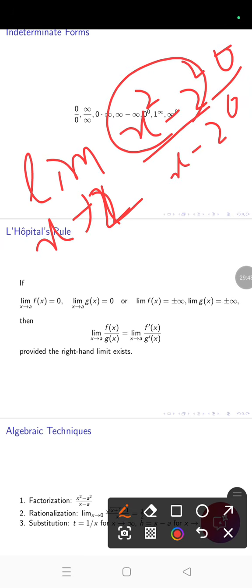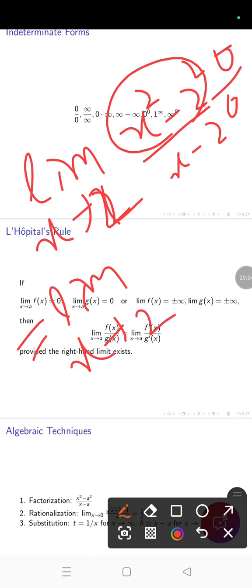So using L'Hospital rule, we can get the limit as x tends to 2, and differentiate the numerator and denominator separately. Differentiating the numerator, it will be 2x, and the derivative of the denominator will be equal to 1. Now come to the limit.